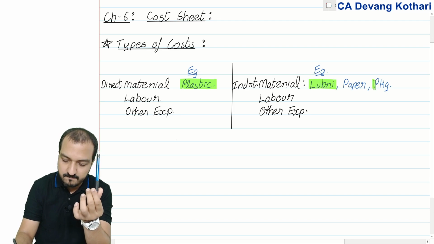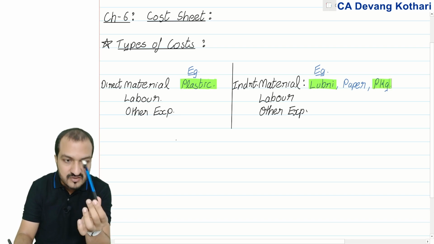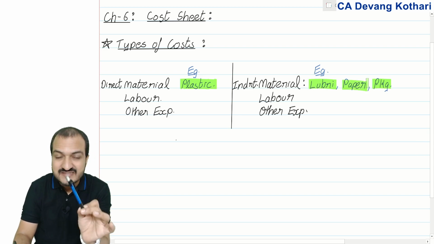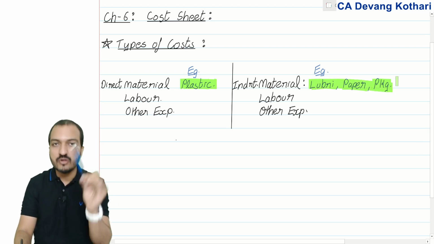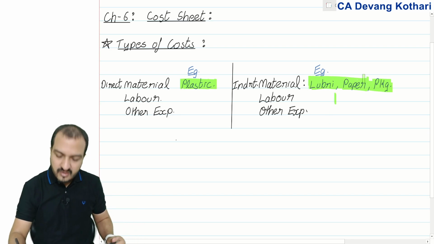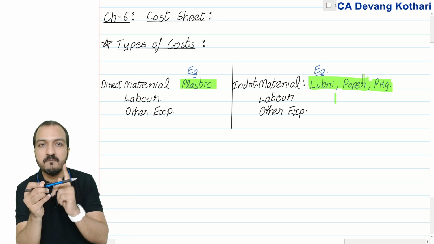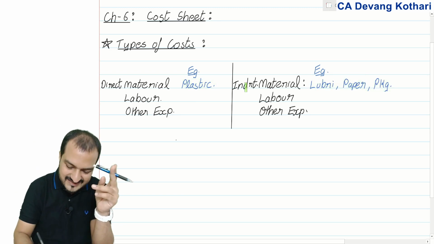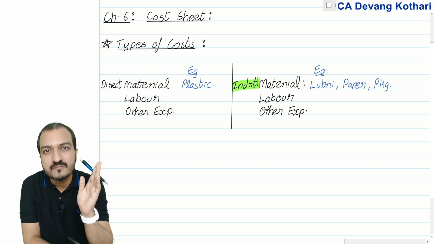No. Do you see packaging material on this pencil? No. Do you see paper on this pencil? No. These are also materials which are used in my factory, but these are not used directly in making this product. These are called indirect material.